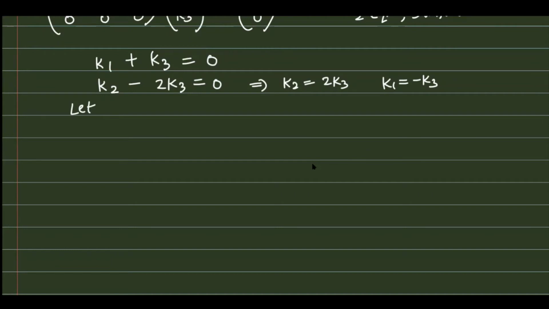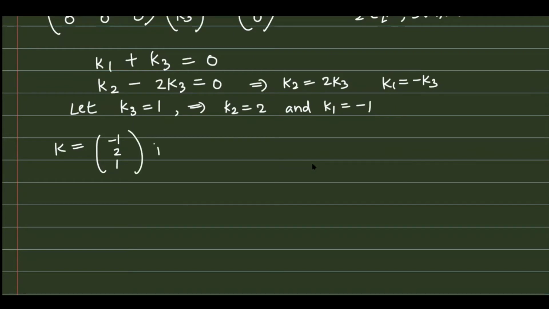So let K3 equal to 1. So this implies K2 equal to 2 and K1 equal to minus 1. So we got K equal to minus 1, 2, 1.